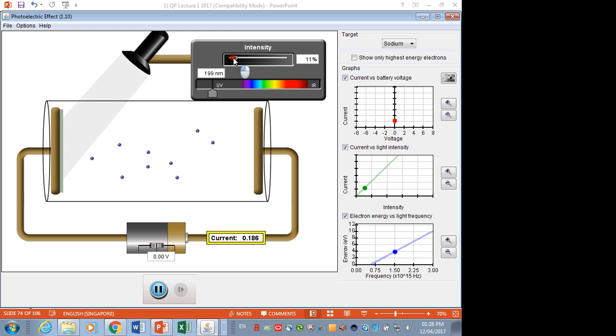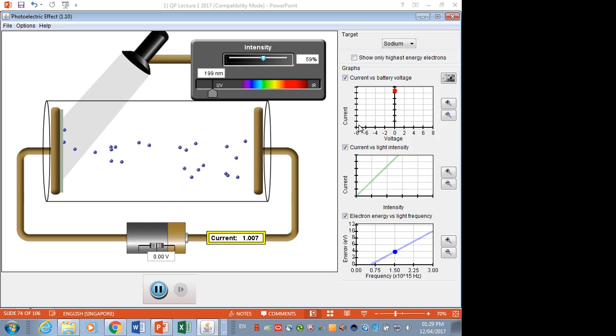Some intensity, some current, some intensity, some current. So the middle graph is a graph that both quantum and classical wave theories concur, they agree. The one on top, the one below, they don't. It's only by quantum theories that they get this.